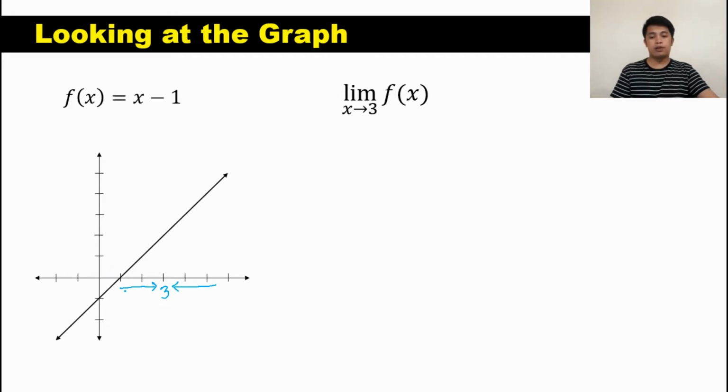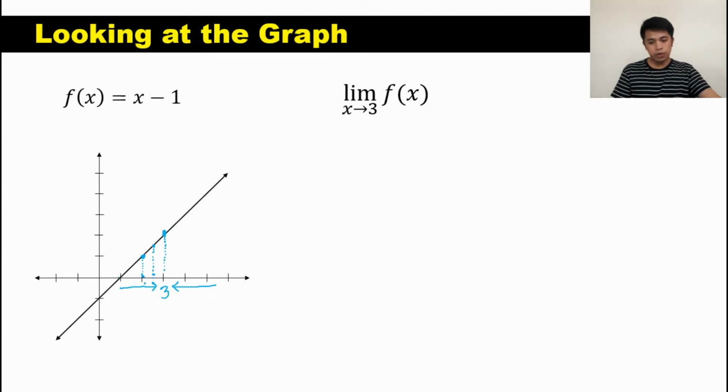If our x value is 1, we see its corresponding y value here. If x is 2, its corresponding y value is this 1. If x is 2.5, we approach this one. At exactly 3, its value is here.